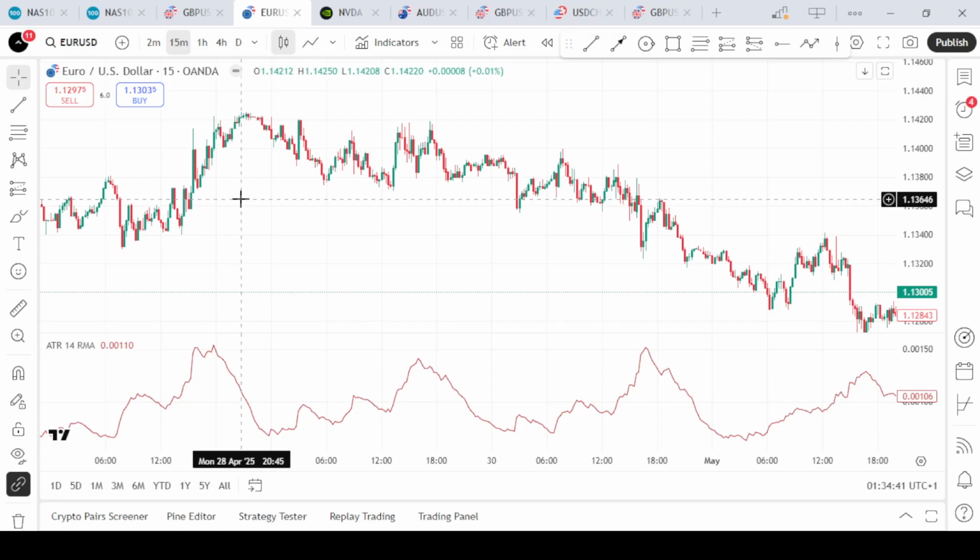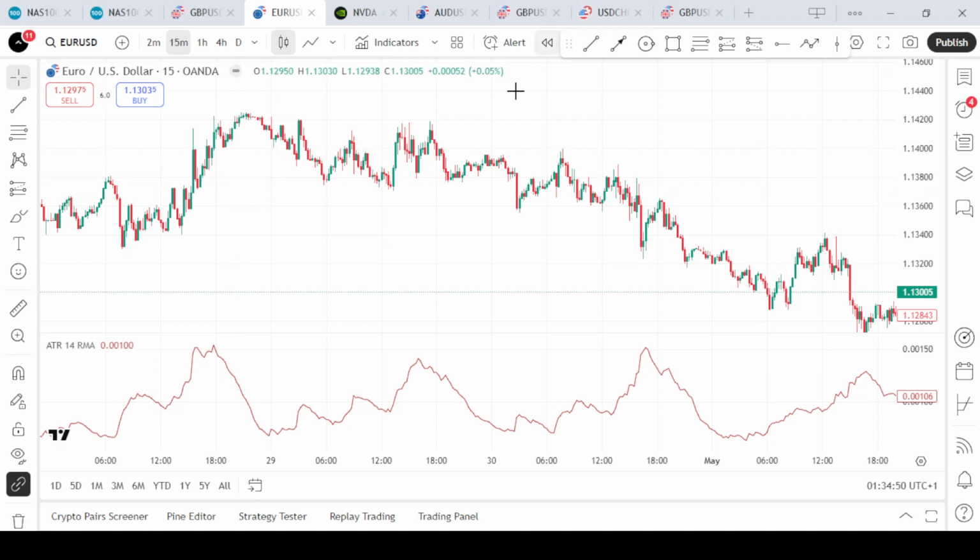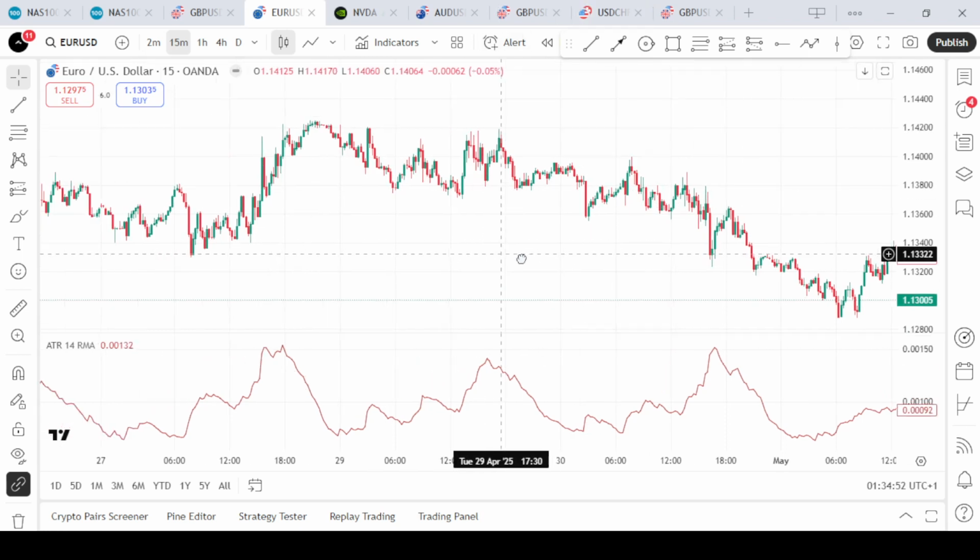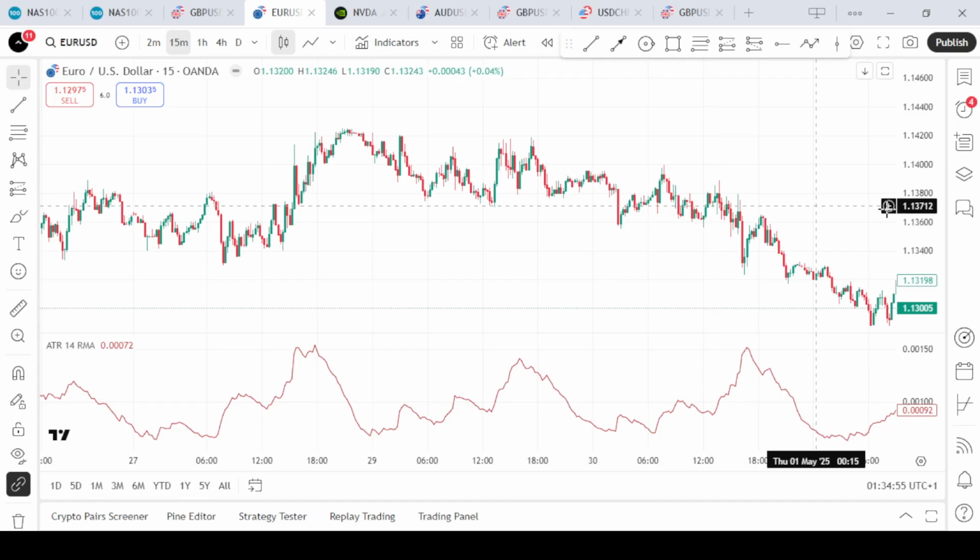The ATR, also known as the average true range, is one of the most valuable yet underutilized tools for measuring market volatility and managing your risks effectively.